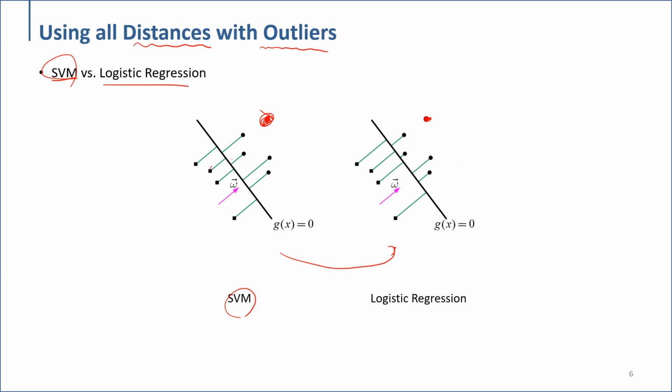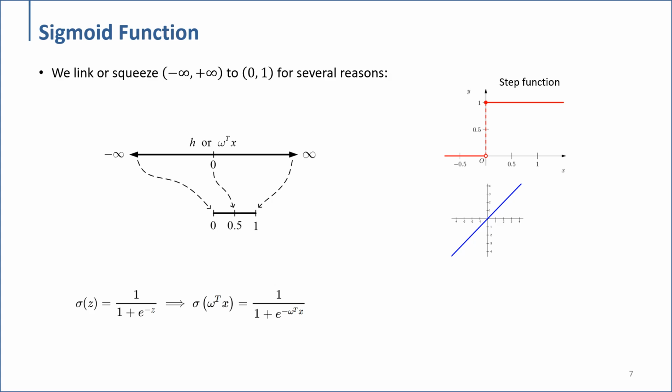So in order to solve this problem, we need to think about a new idea to overcome this limitation. To make logistic regression more robust to outliers, we're going to introduce a new function called the sigmoid function.